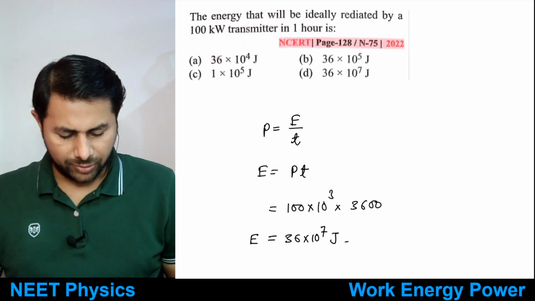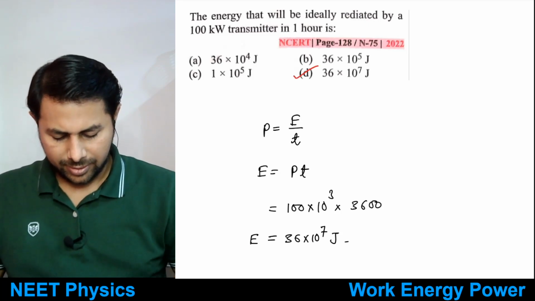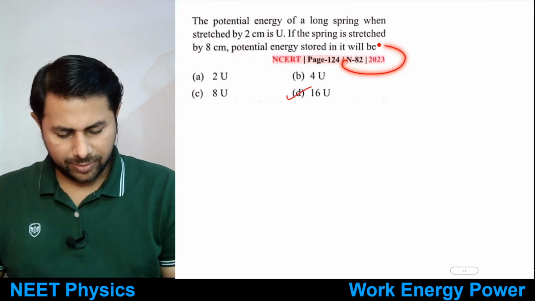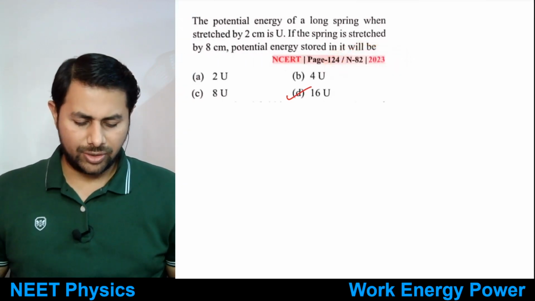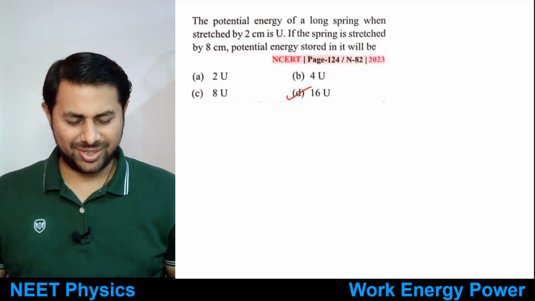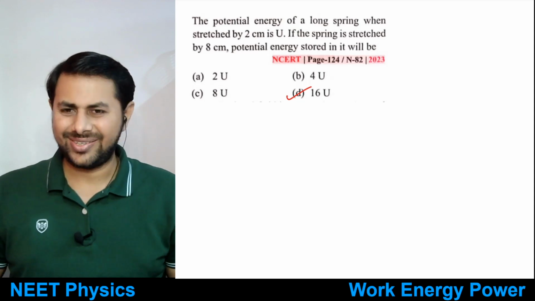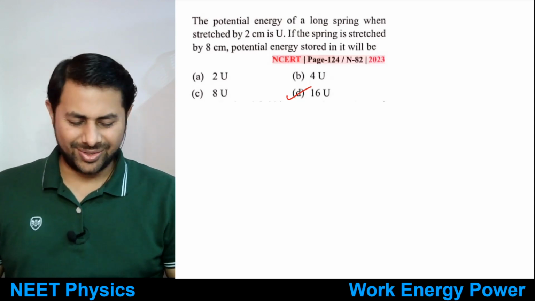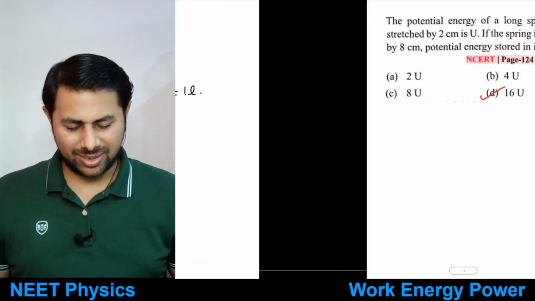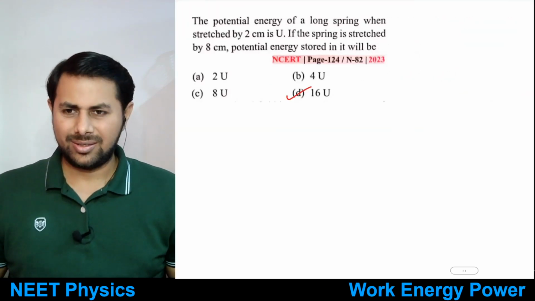That many joules. This is from NEET 2022, this one is from NEET 2023. So it's not that they don't ask simple questions, they do ask simple questions, right? These were very, very simple compared to the questions that we discussed, right? Yes, no?